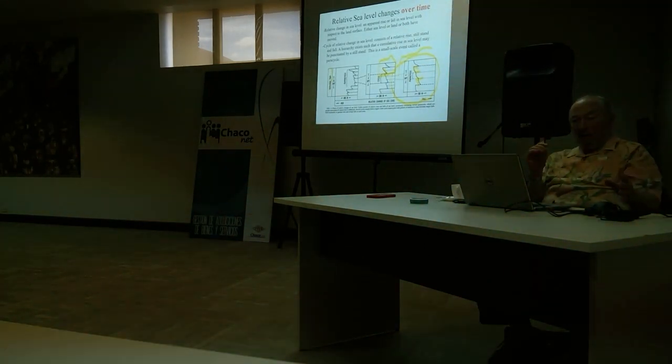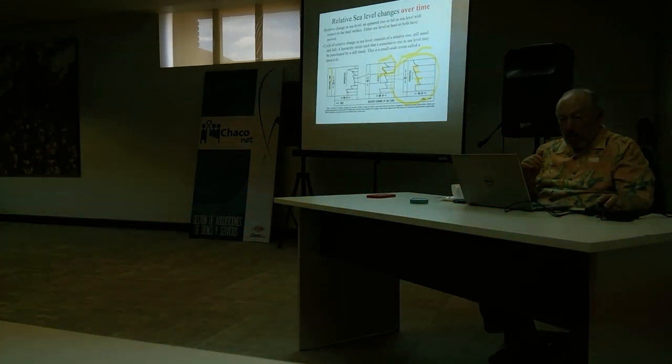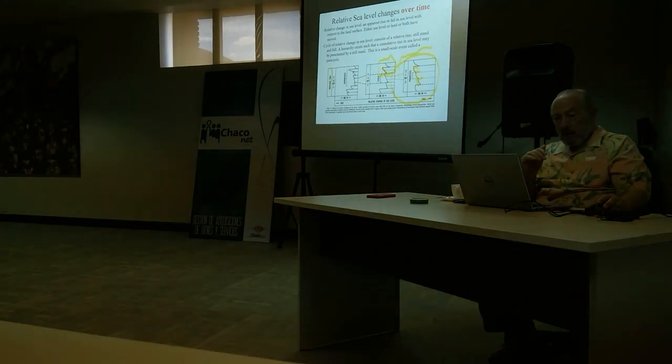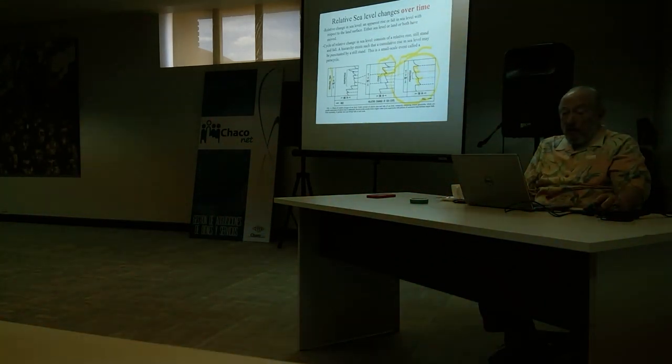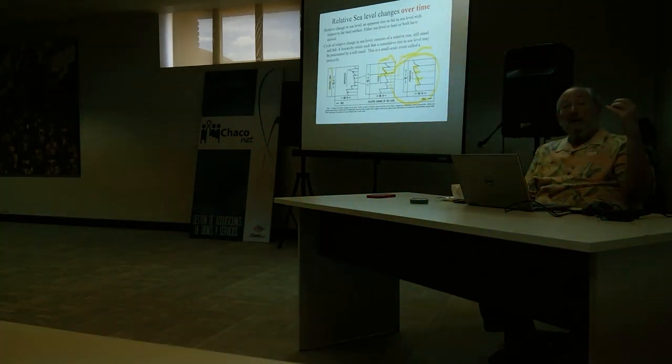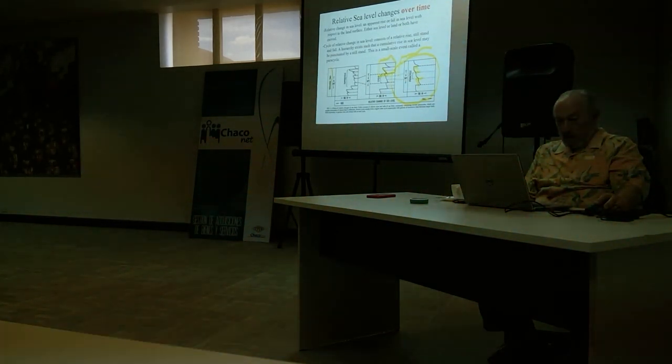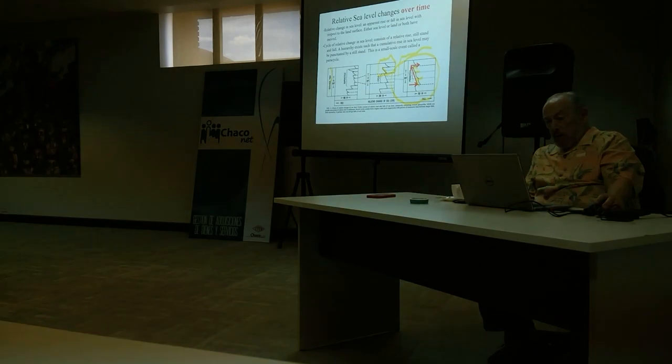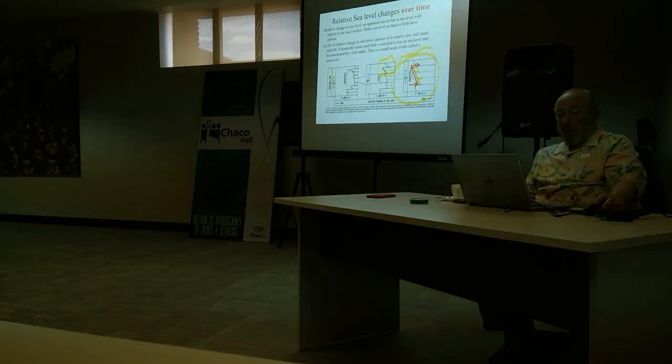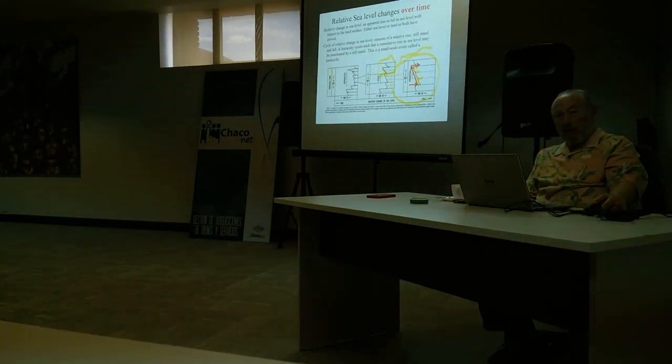What this is telling you, or apparently what this is telling you, is that you have a very small interval of time in which you drop sea level, then a long interval of time where you raise sea level, and a short interval of time where you drop sea level.